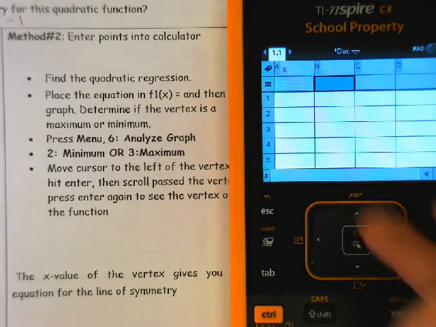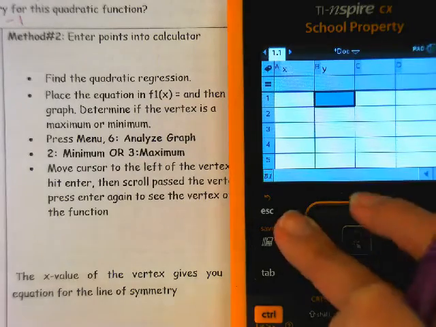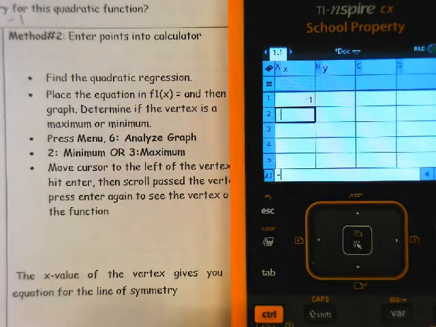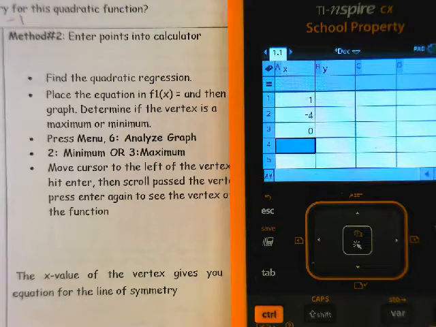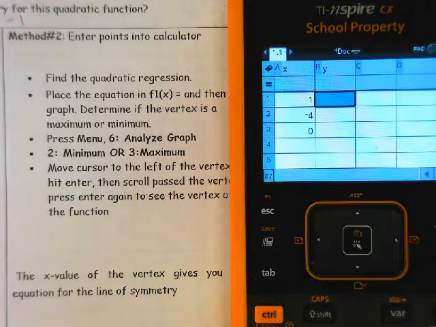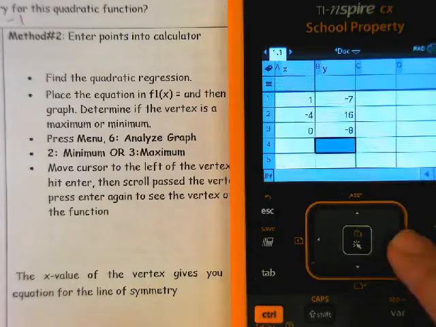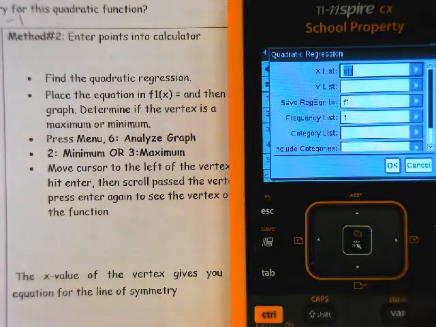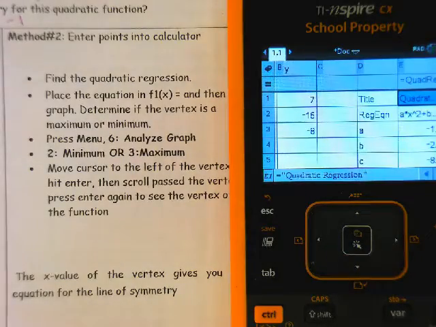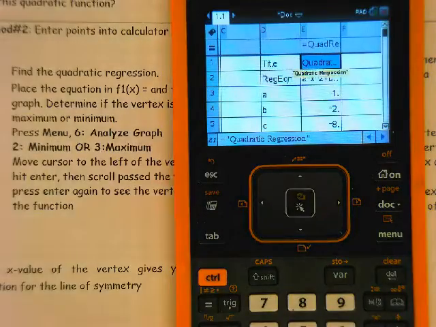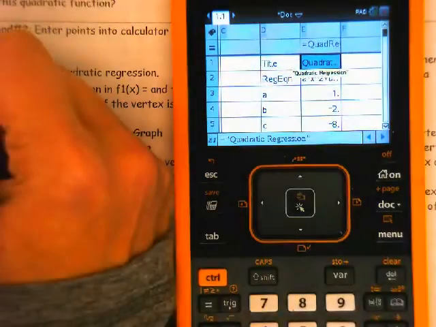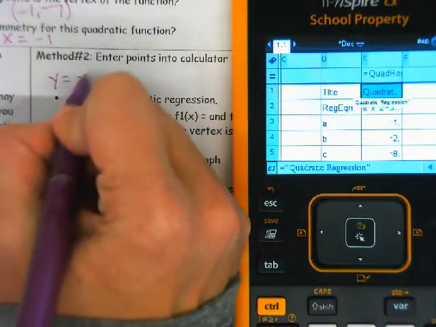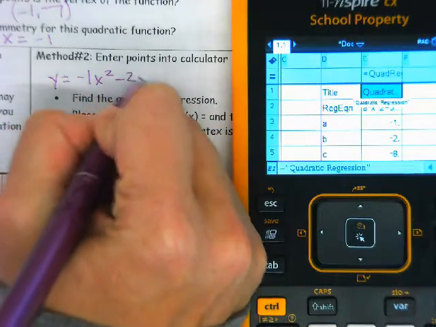Don't forget the X, don't forget the Y. We're going to put in those coordinates they gave us, negative 4, negative 1, 0, negative 7, negative 16, and negative 8. Okay, I feel like most of us have gotten very, very good at doing this. And there is your equation. So you can see our equation again right here is y equals negative x squared minus 2x minus 8.